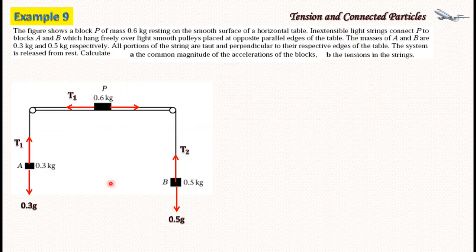So if this is released from rest, we know that this 0.5 should normally pull this other 0.3. So the acceleration of this system should be towards the right, this way downwards.